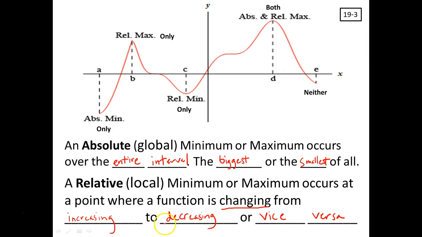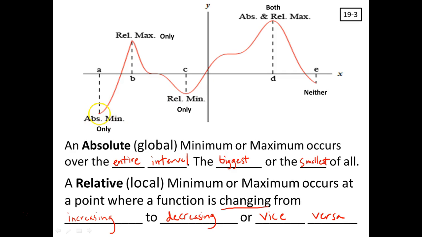So a relative minimum or maximum is local. The function needs to be changing from increasing to decreasing or decreasing to increasing.